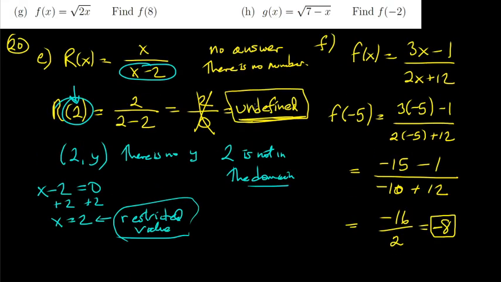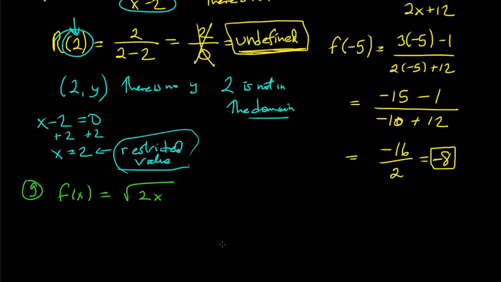So part G is square root of 2x. So f of x is the square root of 2x. And they want f of 8. So what is f of 8? Well, you do the same thing. Replace x with the number 8. But it's not 28.